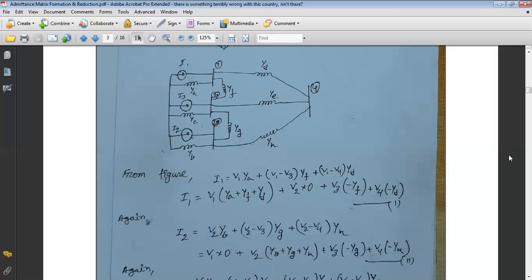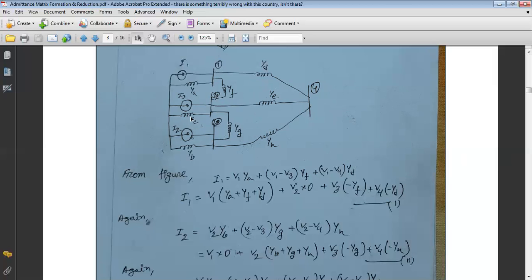The bus numbers are 1, 3, 2, 4, so we can assume the bus voltages to match these numbers. For bus 1, we assume the bus voltage is V1. For bus 3, V3. For bus 2, V2. And for bus 4, V4.